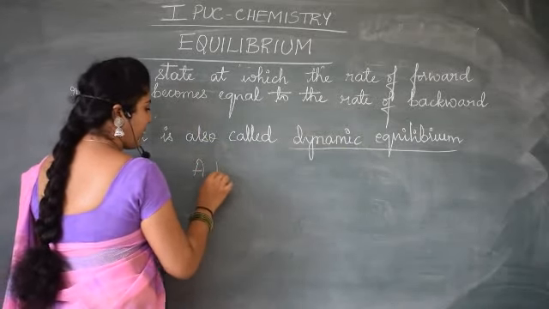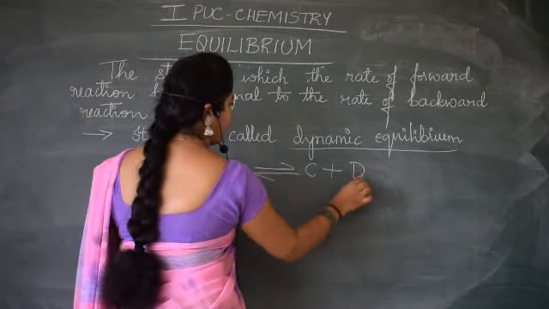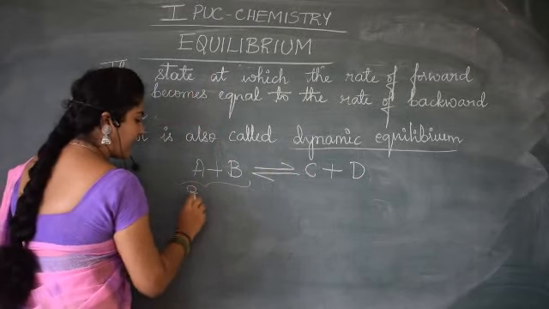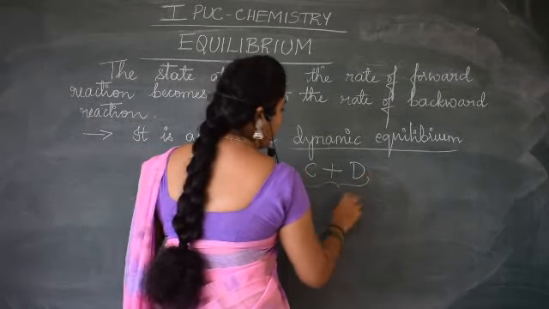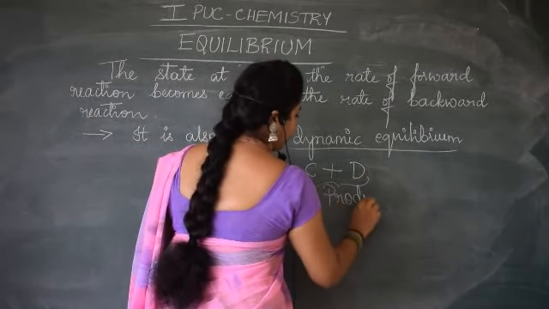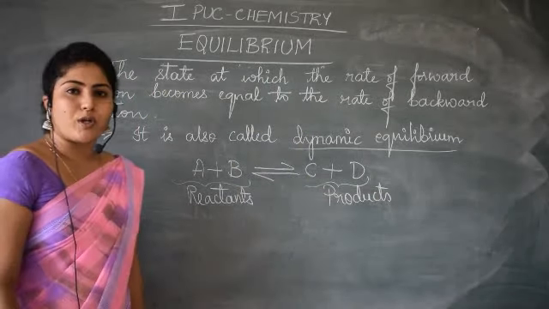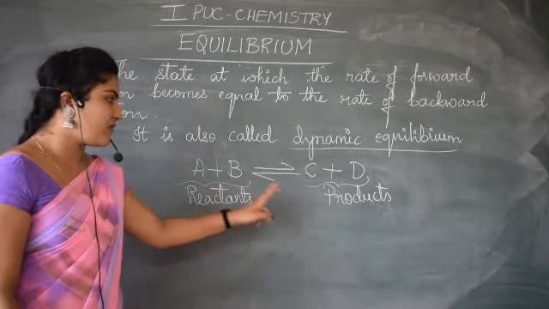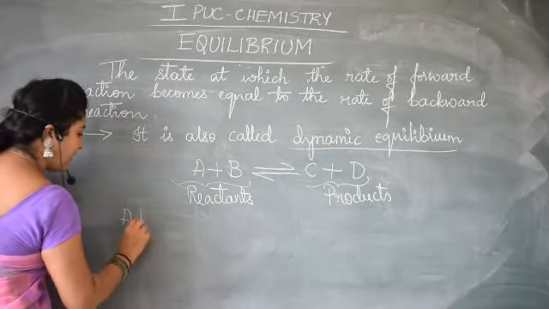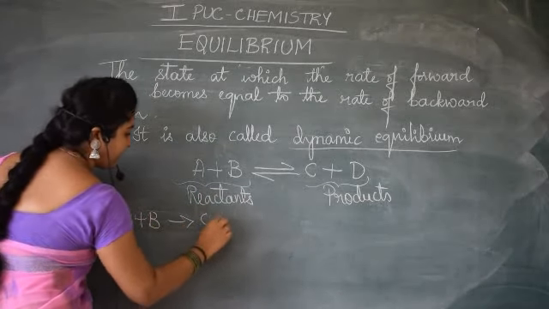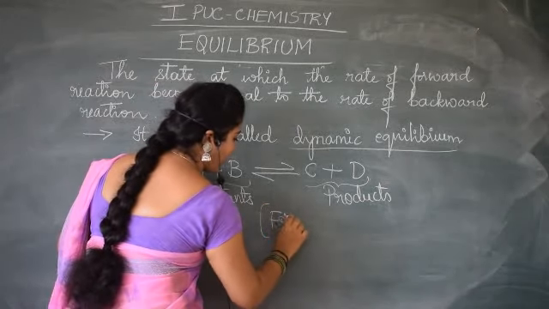So we'll consider the example, A plus B forming C plus D. What are these? A and B are reactants, C and D are products. If we plot a graph for this, what happens? Reactants form products, products will form reactants. A plus B giving C plus D, that is reactants forming products, is called the forward reaction.